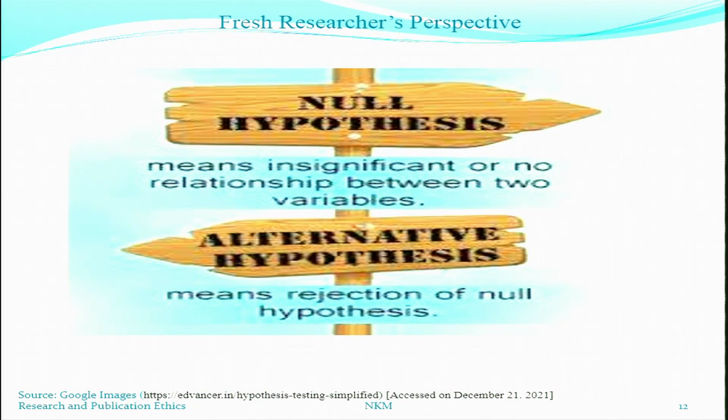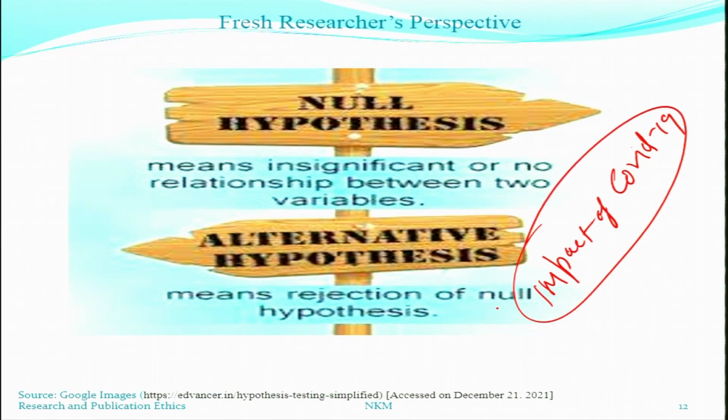For example, if we take the latest example of the impact of COVID-19, right? Let's talk about the impact of COVID-19 on the use of traditional medicine. We can say that traditional medicines have made an impact on the immunity of the people in order to protect people from COVID infections.